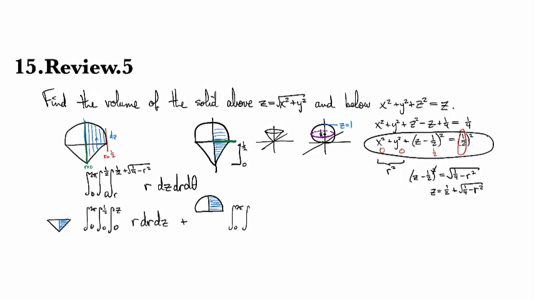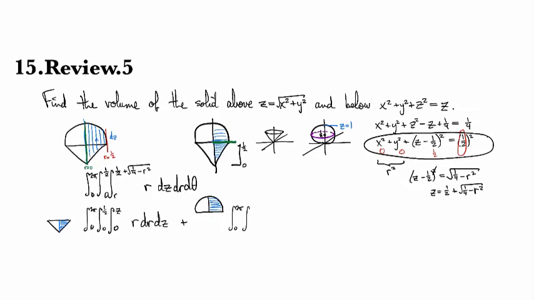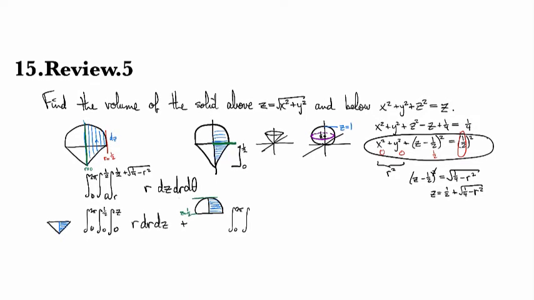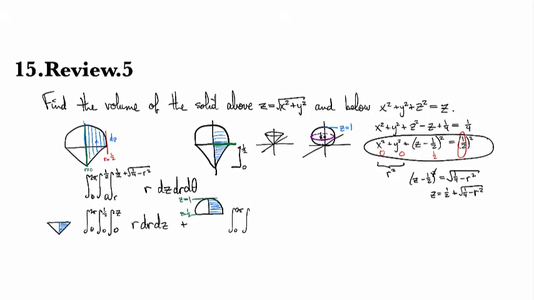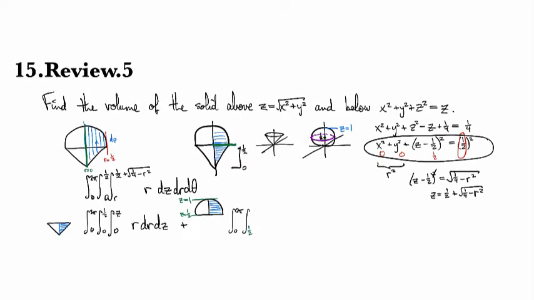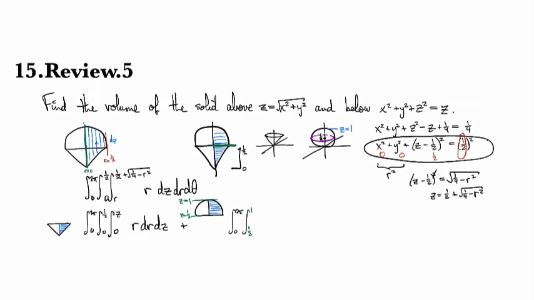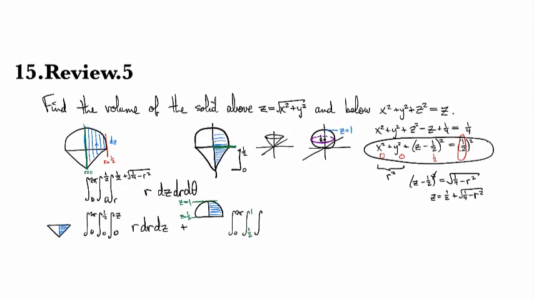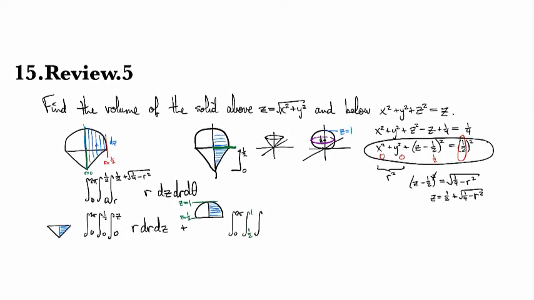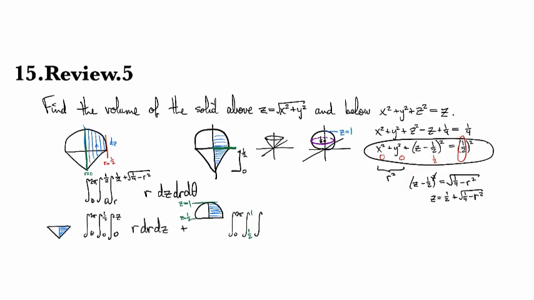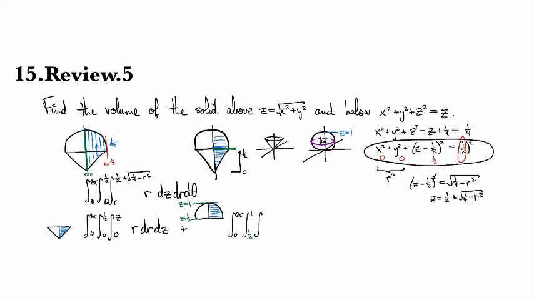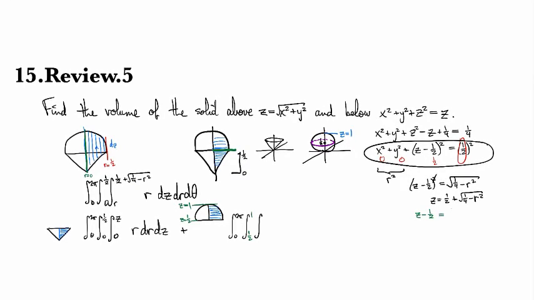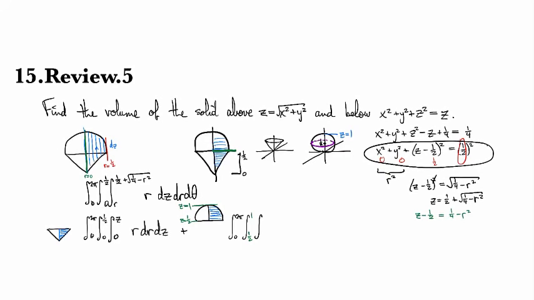And then this is the part where we go from z equals 1/2 up to z equals 1. So we've got 1/2 to 1. And then we need to figure out, okay, so what is the r doing here? Well, now we're going to need to go back to this equation, but solve it for r. So we have (z minus 1/2) is equal to 1/4 minus r squared.